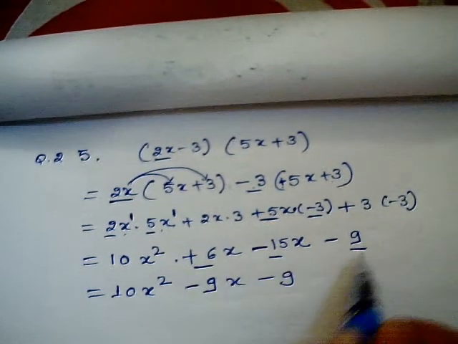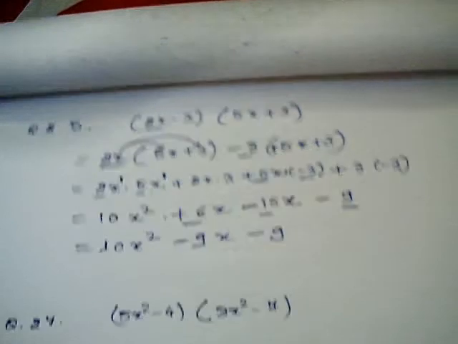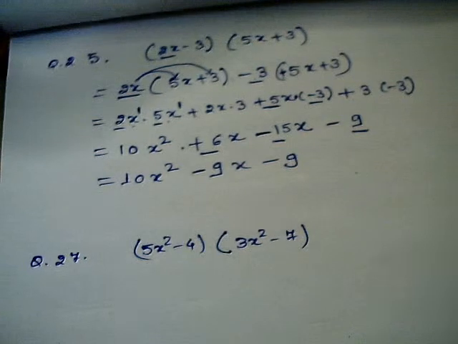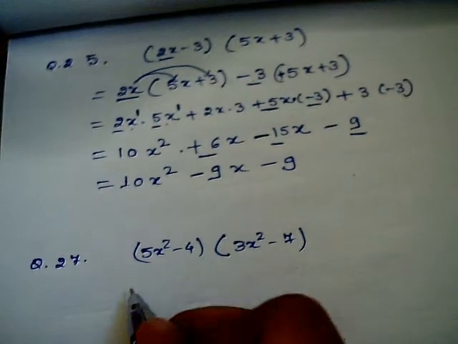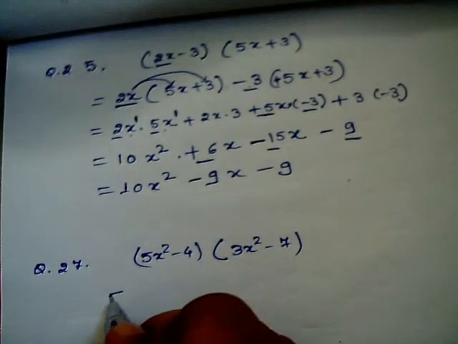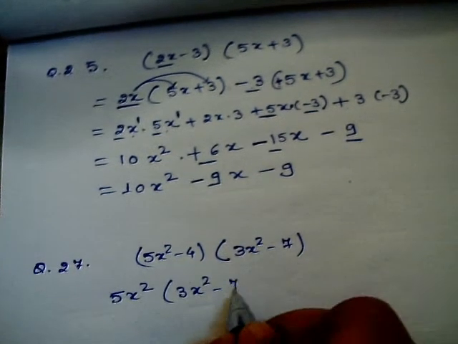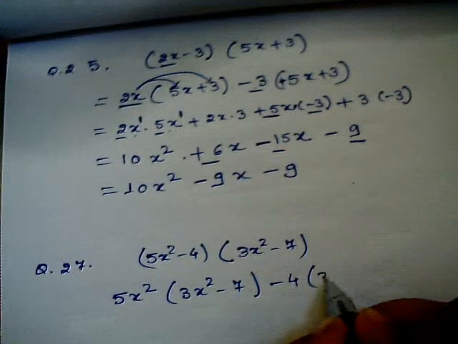Now I am going to do question number 27. Over here also the negative sign is there, so it will be a practice for you. The way of writing will be the same: negative 4, then (3x squared - 7). Now I am going to operate.